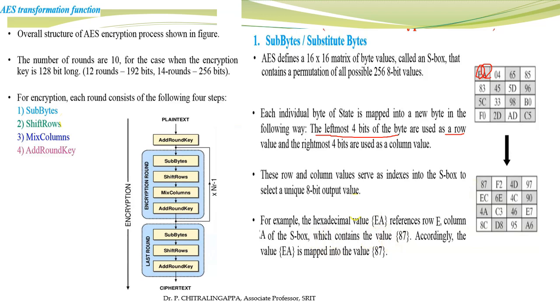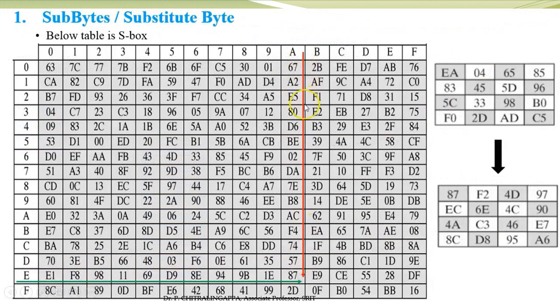For example, the hexadecimal value EA refers to row E and column A of the S box, and it is mapped to the corresponding value there.